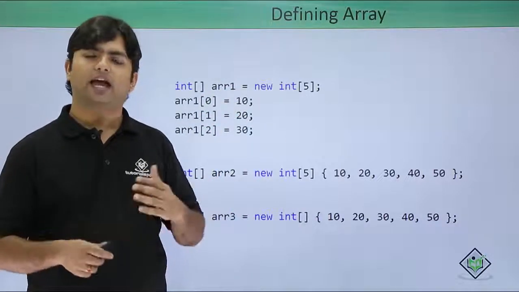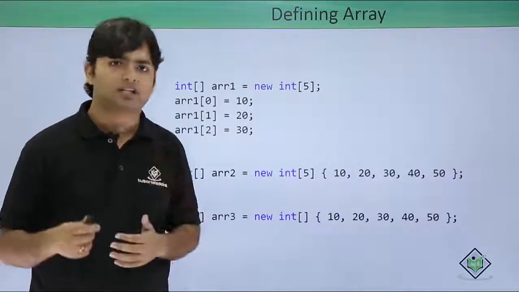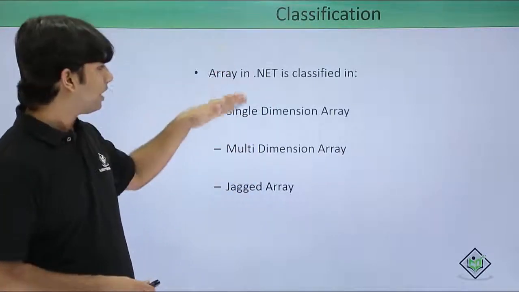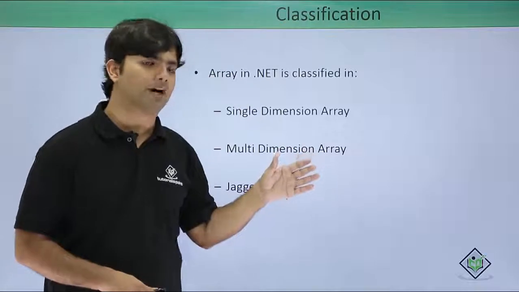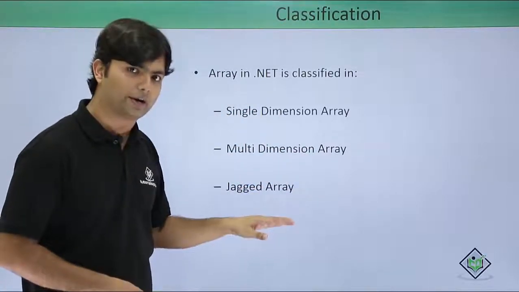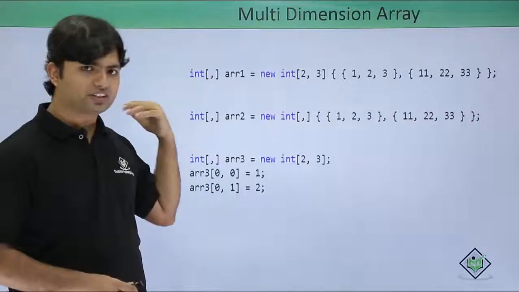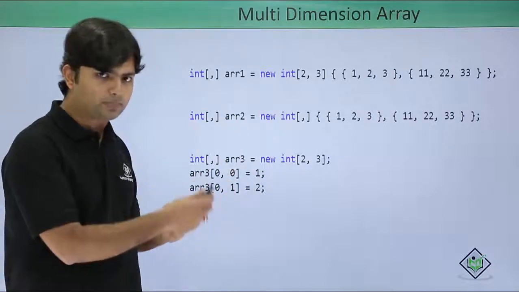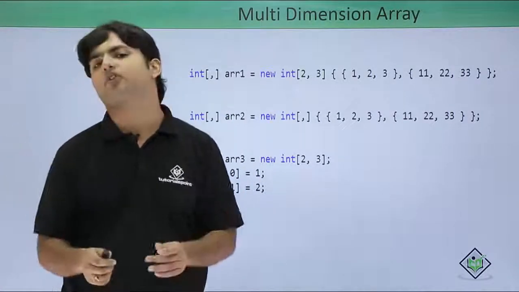You can create arrays logically in multiple types. Here, I have classified them into 3 different parts: single dimensional array, multi-dimensional array and jagged array. We have already seen the single dimensional array in the previous example. Now here you can see the multi-dimensional array.